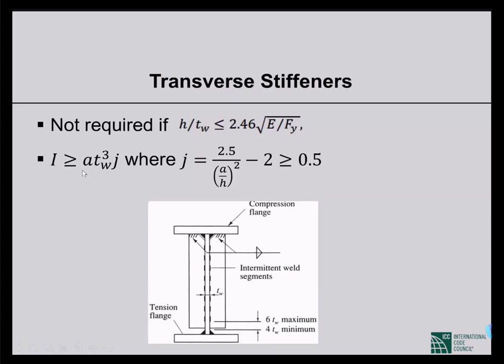So this is related to the spacing. a is the spacing between the stiffeners, tw is the web thickness, and j is defined like this, related to the spacing between the stiffeners divided by the height of the web. So the moment of inertia of the stiffener must be larger than this value. If we have a particular plate having a particular moment of inertia, we can calculate a. Or if we first decide a, then we can design the stiffener.